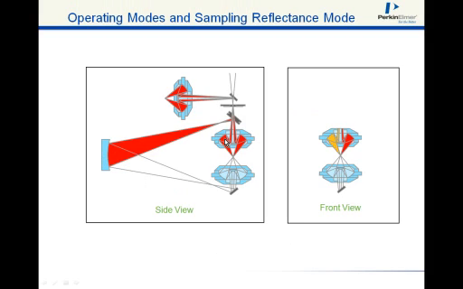In reflection mode, we just relocate the mirror to another pickoff, and the bottom Cassegrain, or the condenser, is not used at all. So we bring the light up to the pickoff mirror, and then it comes down to the sample. Now, you only have one optic there, so the way this has to be done is on the right, where you bring the light in on one side and then collect on the other.